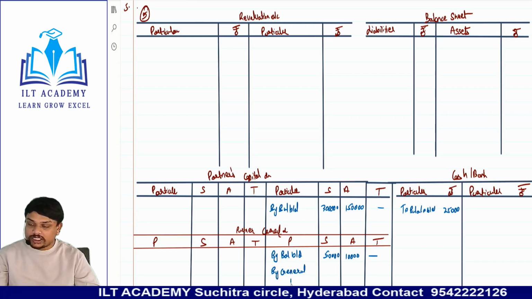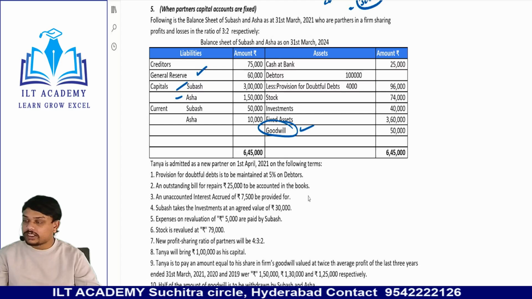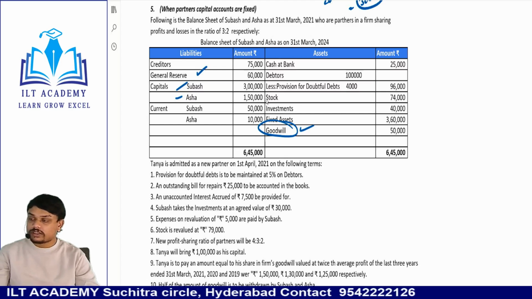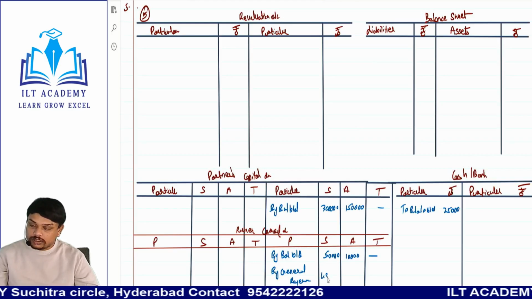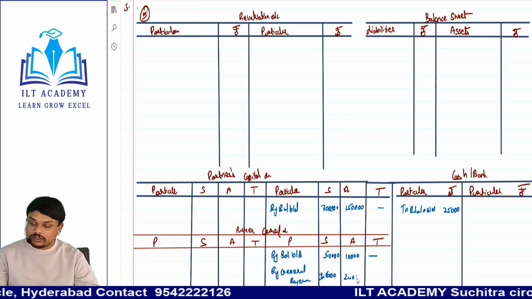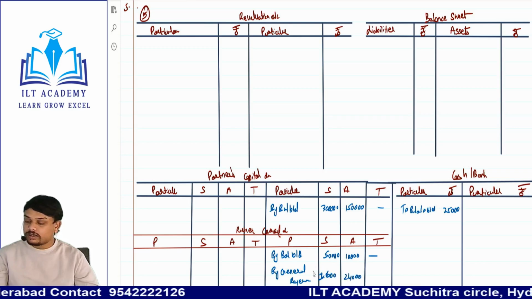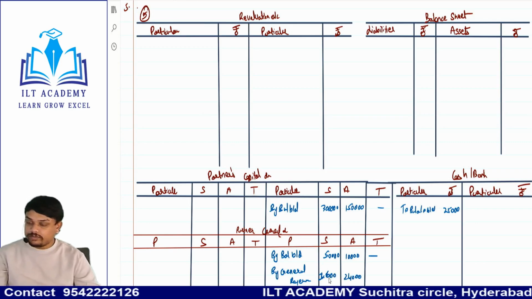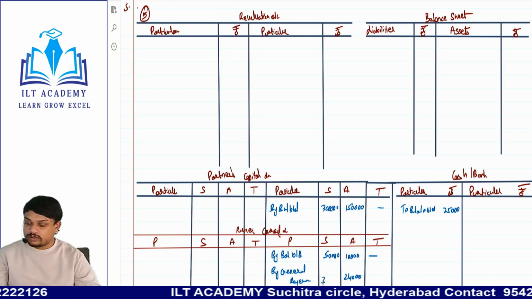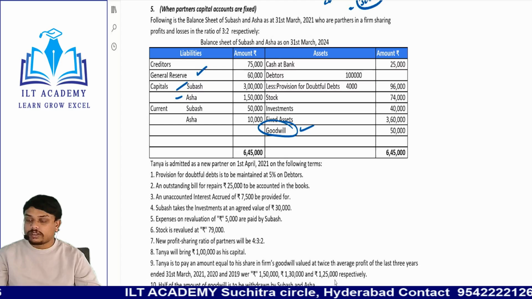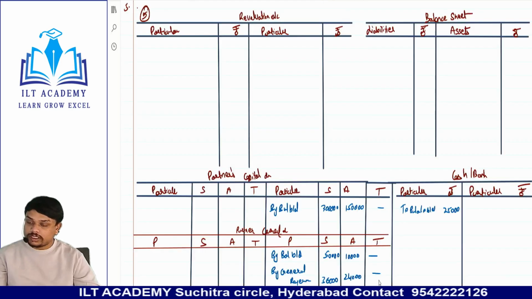You should not touch capital account. General reserve 60,000. So 60,000 in 3:2 ratio, just 36,000 and 24,000. Any doubts? This is done.